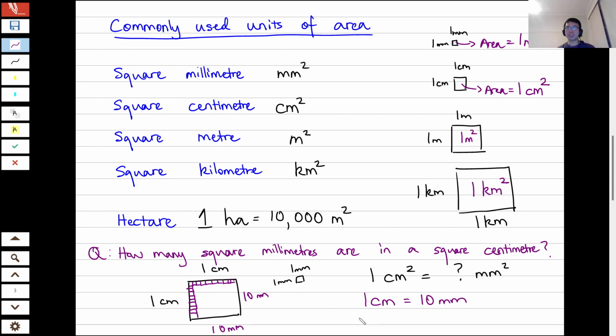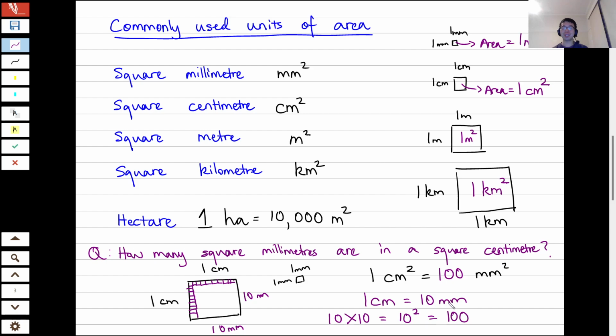So I'm going to have 10 times 10, or 10 squared, which gives me 100. So there's actually going to be 100 of these little tiny squares inside this big square. And so the answer to this question is that 1 square centimeter is the same as 100 square millimeters.